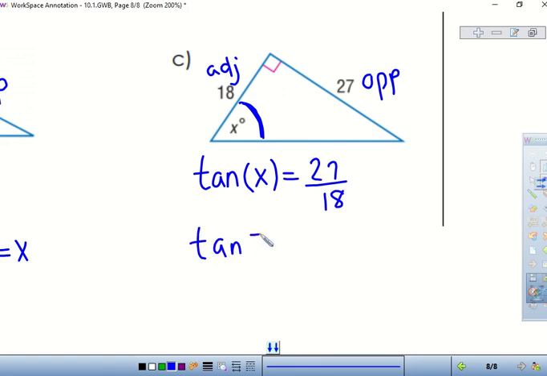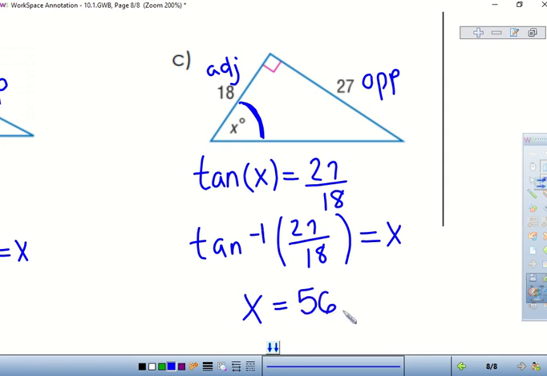We can flip it. And then we can do the math. 27 divided by 18, second tan equals, I get about 56.3 degrees.